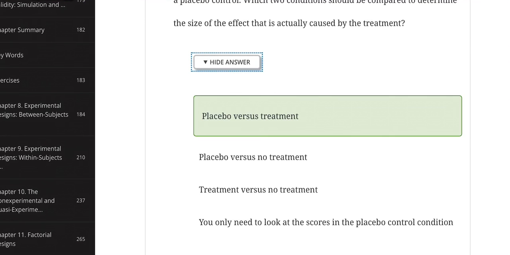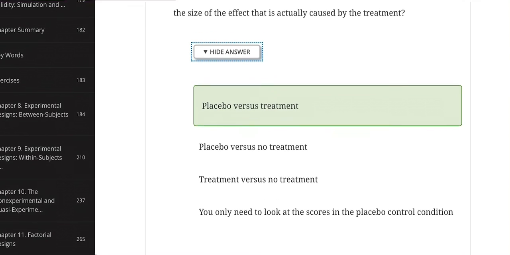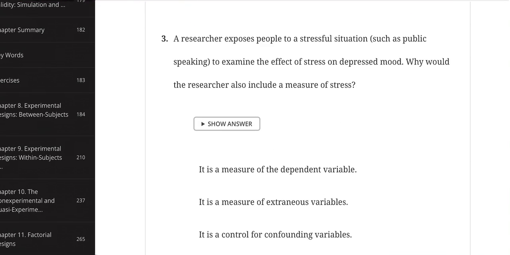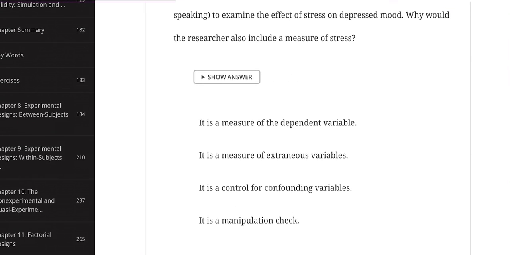If you compare the placebo to the no treatment condition, you could see if there was a placebo effect, right? Because if the placebo group is higher or changes from the no treatment group, then there was a placebo effect, right? Because the placebo group should, in theory, be the same as the no treatment group.